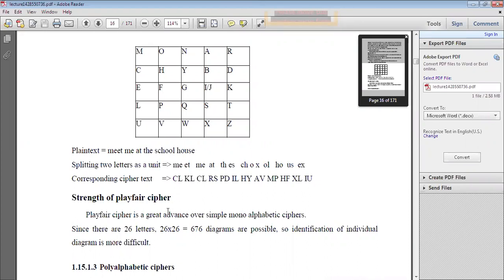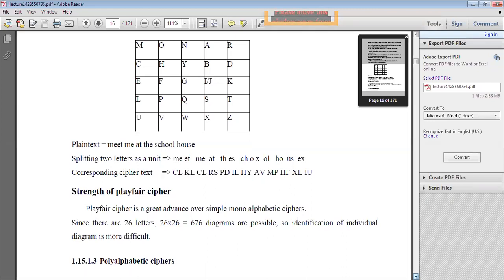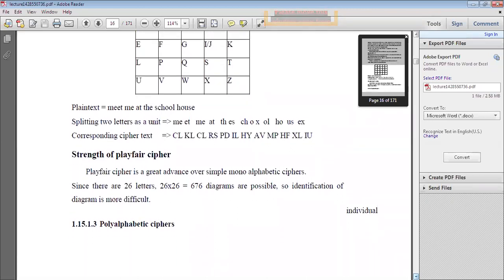So the security increases. That's the way you can provide security while communicating data from sender to receiver. So this is the substitution technique you have to use. Up to now we have discussed the Caesar cipher and Playfair cipher.